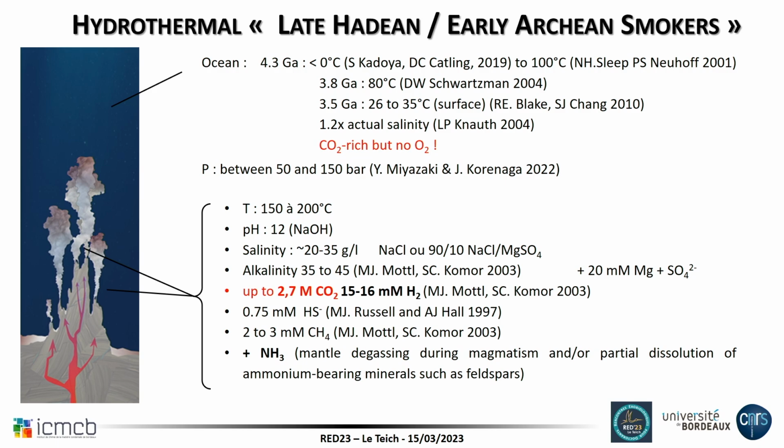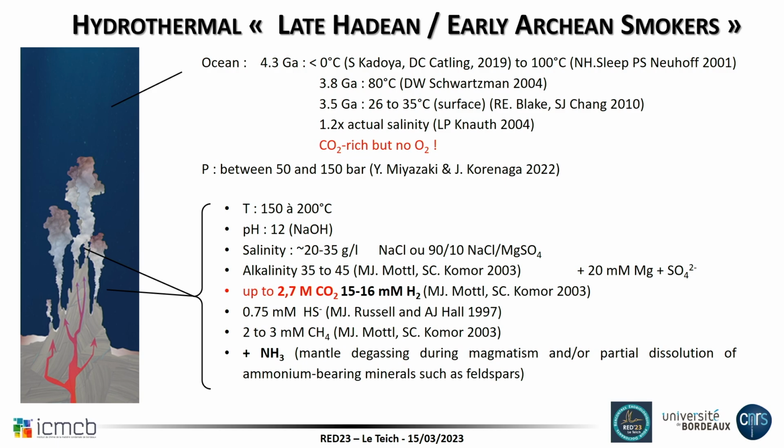So like I told you before, it's difficult to figure out what was the actual temperature depending on where we are considering, before or just after the ocean formation, or a little bit later on, because the temperature variation was high, going from 100 C down to 35 Celsius degrees.